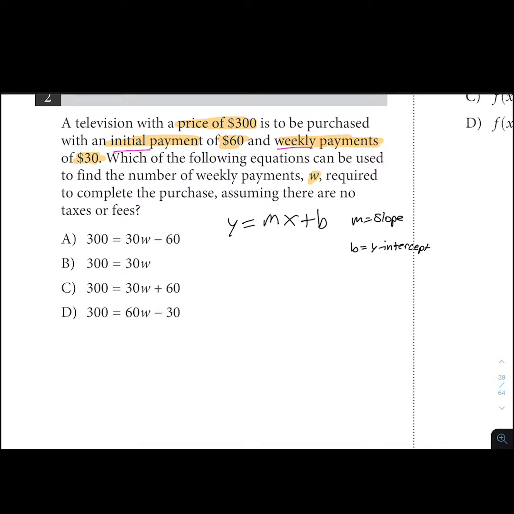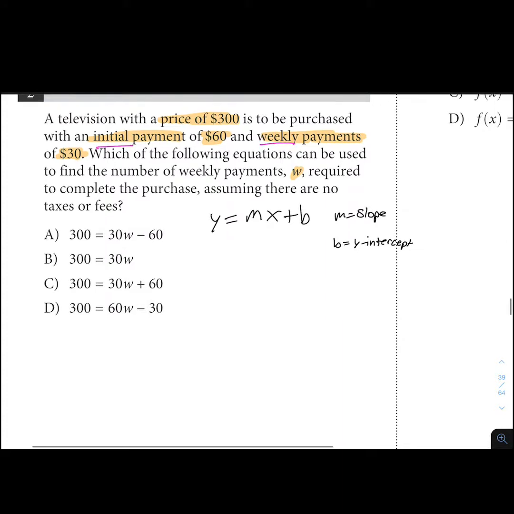Instead of saying slope, you may hear rate of change or something that's affecting it on a consistent basis. And instead of y-intercept, you may hear initial or the starting place. So in this case, instead of saying x, I'm going to say w, because for a certain number of weeks, I get a certain price.